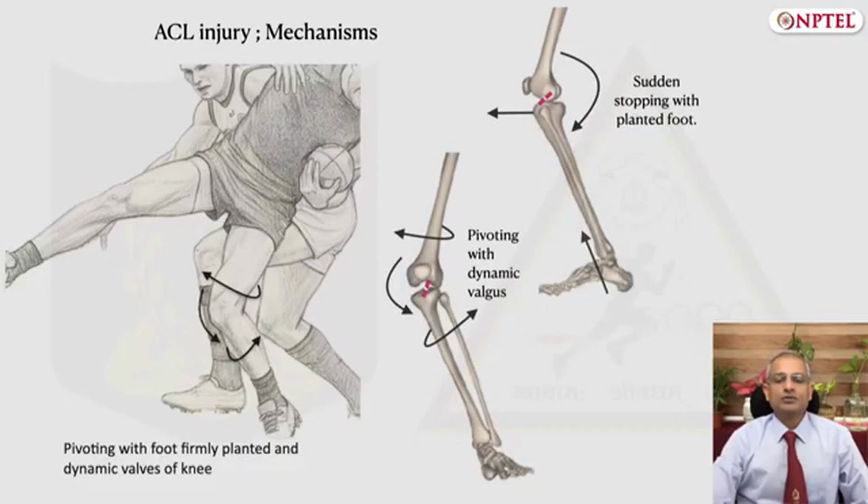In sports, the most common are the non-contact injuries of the knee, and this can happen during pivoting or change of direction when the foot is planted, or when there is a sudden deceleration while running, as shown in the sketches.